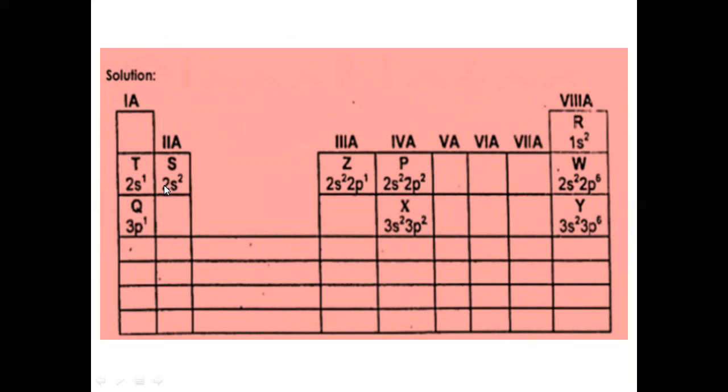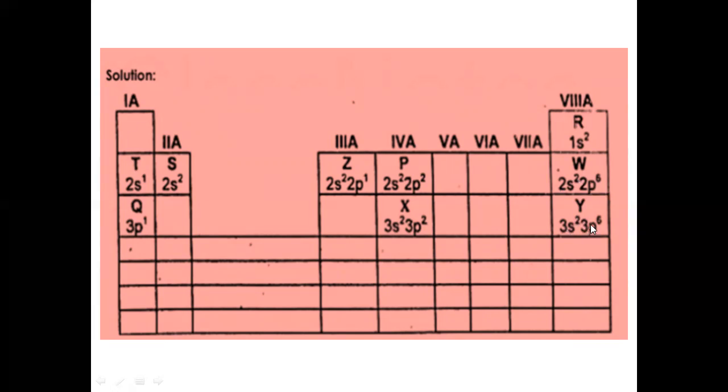Then 2s1 means second period and first group, T. 2s2 means second period but second group. And 2s2, 2p6, 6 plus 2 is 8, so 8 electrons means 8th group, and n is equal to 2 means second period.